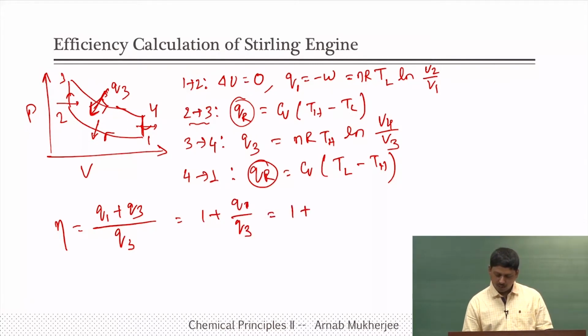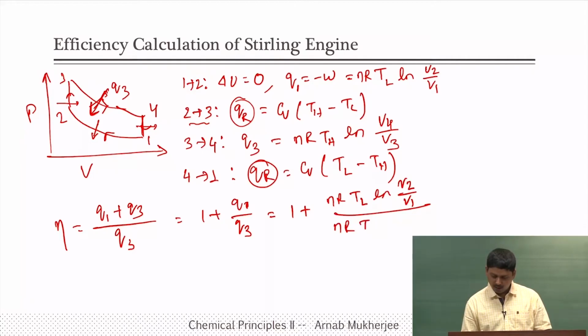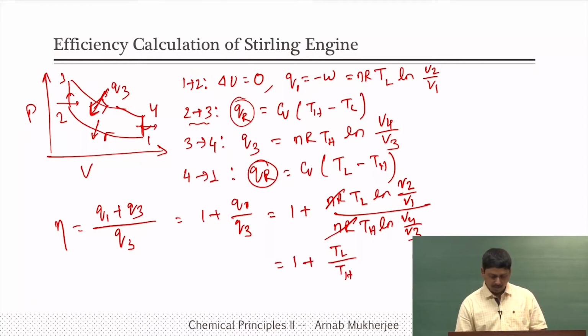That means 1 plus, now Q1 is nRTL ln V2 by V1, Q3 is nRTH ln V4 by V3, nR cancels, giving 1 plus TL by TH, and we know that V2 equals V3 and V1 equals V4.